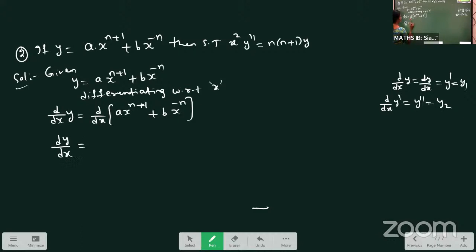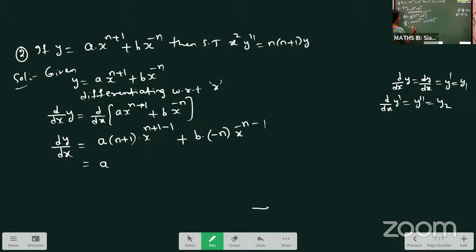d by dx of a as it is, x to the power n plus 1 derivative: first the power will come as a multiple into x to the power, subtract 1 from the power, plus d by dx of b as it is, d by dx of x to the power minus n. First write the power, then subtract 1 from the power.